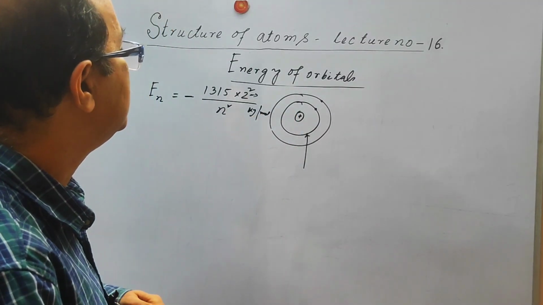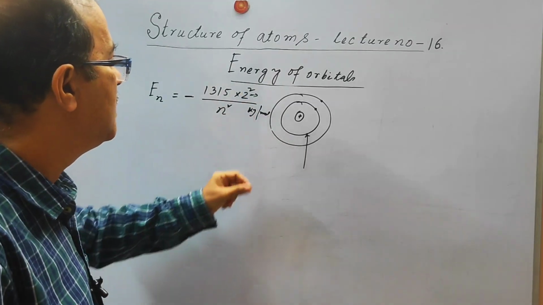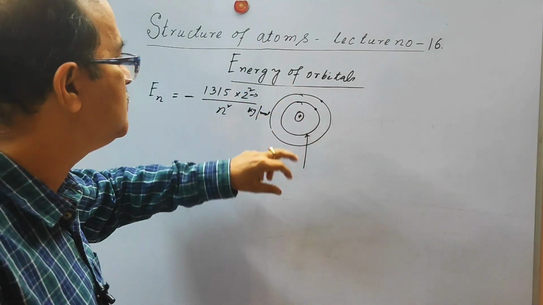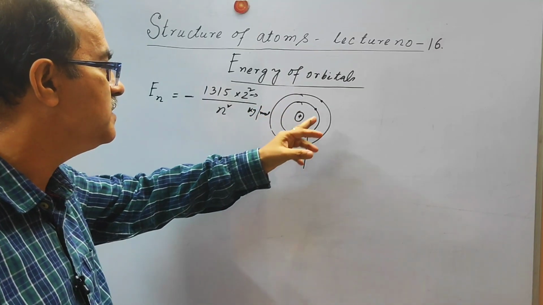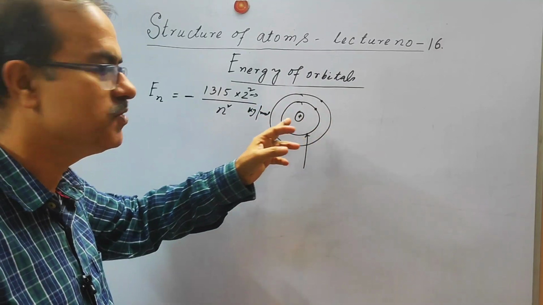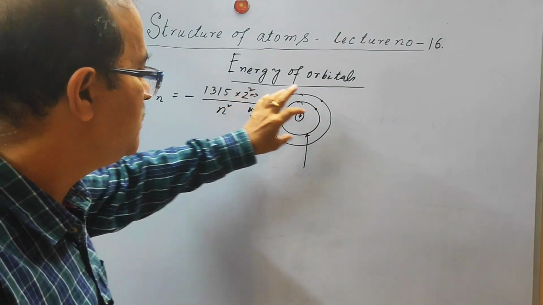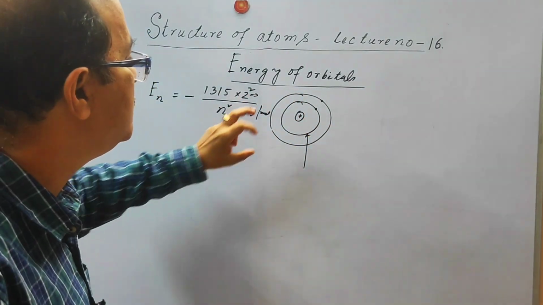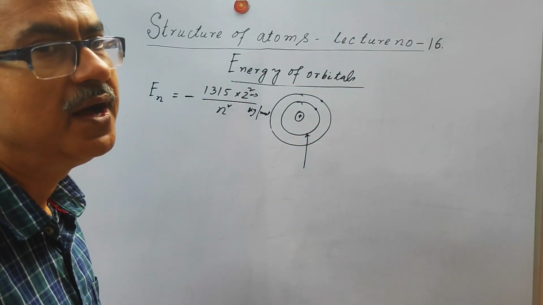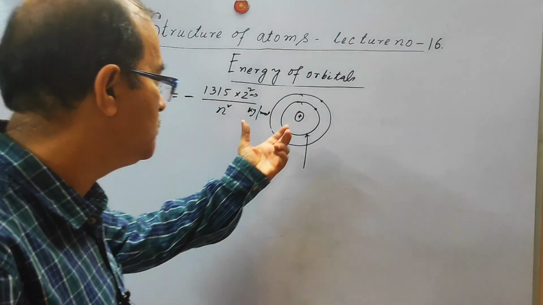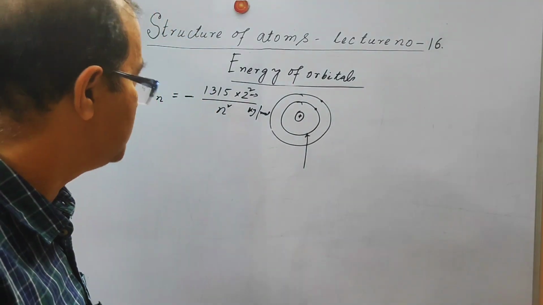You can see that as Z increases, the positive charge in the nucleus goes on increasing, and the attractive force between the nucleus and the electron goes on increasing, and this makes the energy of the electron or orbital go on decreasing.